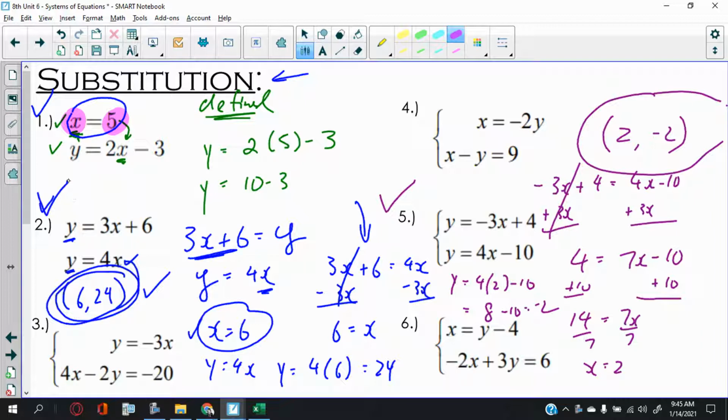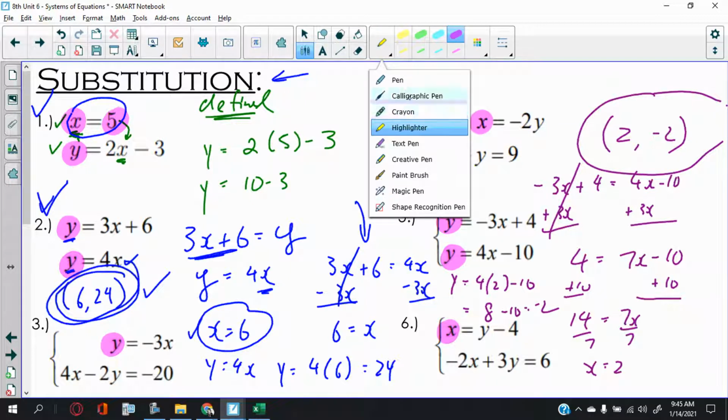And also, as you can see, I gave you x equals here, I gave you y equals, and then y equals, and so on and so forth, which means all these questions have at least one equation where the variable has been isolated.